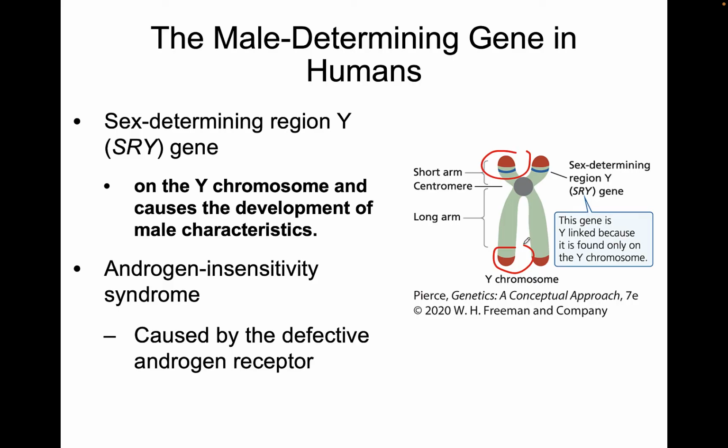Otherwise, it's going to result in a phenotypic female. Okay, and the gene for this receptor is located on the X chromosome. So people that get this condition are going to inherit it from their mother.